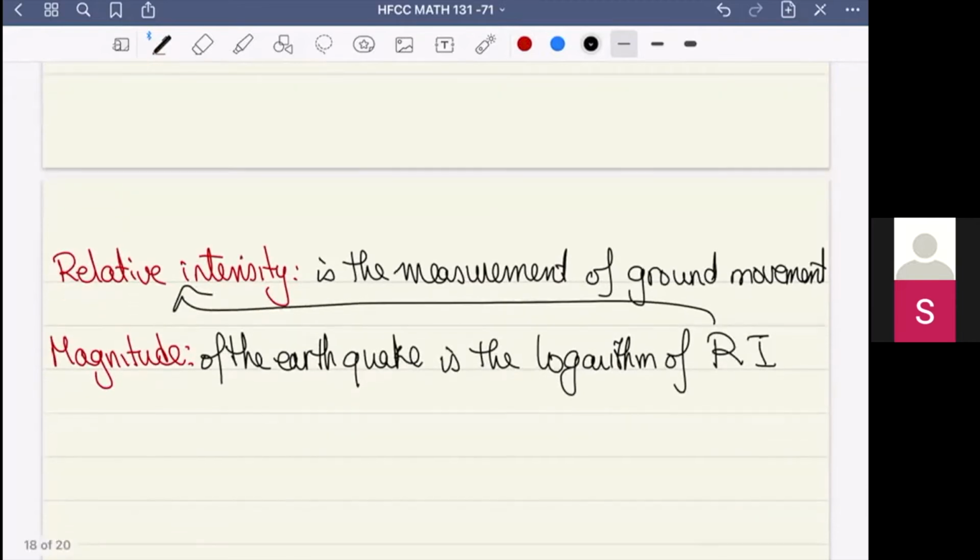So remember, when you've heard that the earthquake has a magnitude of 2.9 or 5.6 or 6.9 on the Richter scale.